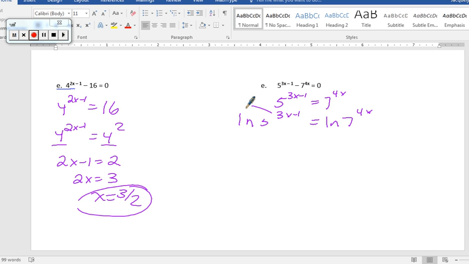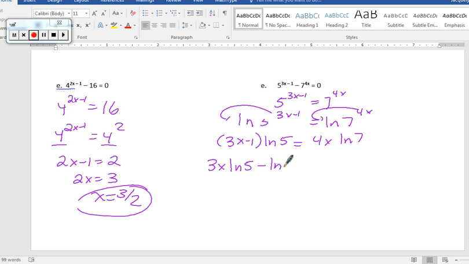And again, when we're expanding, we can take those exponents and move them up front. On the left side here, I'm going to distribute, so we're going to get 3x natural log 5 minus natural log 5 is equal to 4x natural log 7.